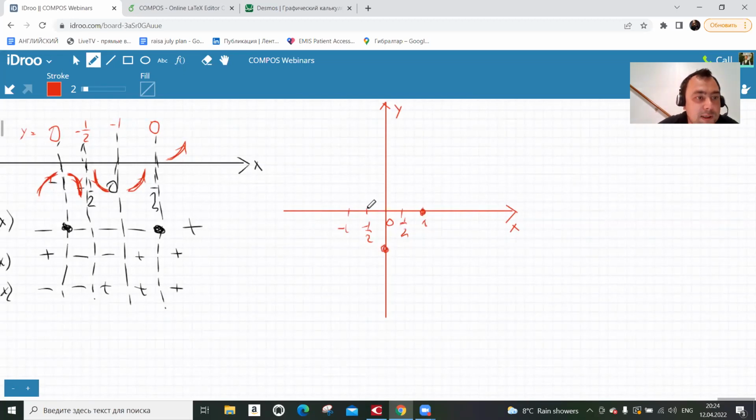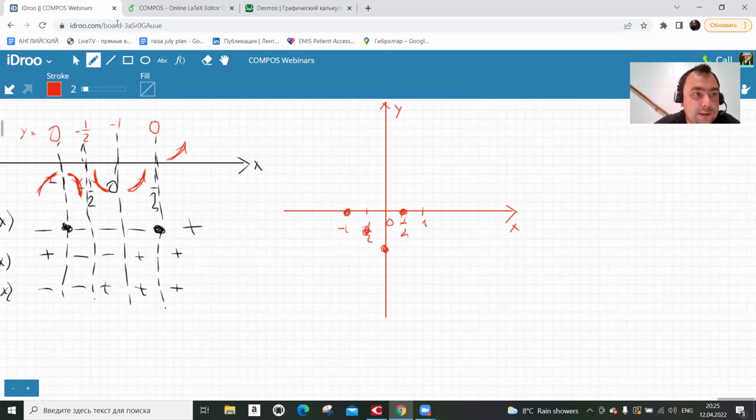And when x is -1/2, y is -1/2, so it goes through this point. Oh, sorry, when it's 1/2, it's 0, not when it's 1. When it's 1/2, it's 0. And when it's -1, it's 0 again.